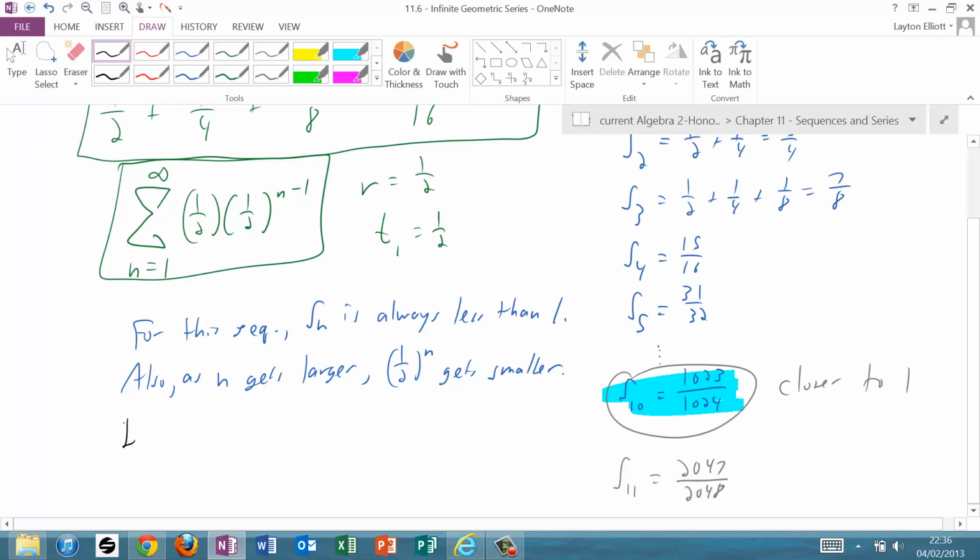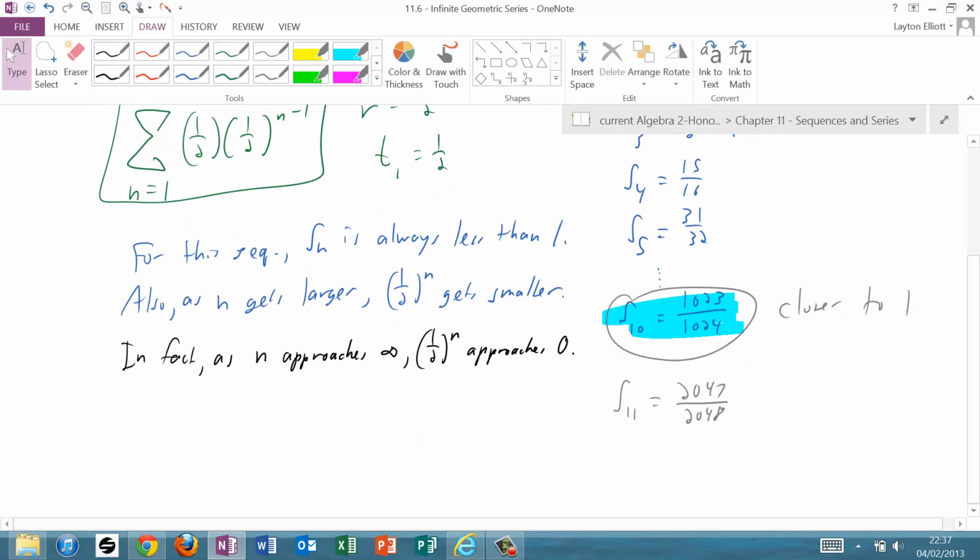I could say, in fact, as n approaches infinity, 1/2 to the n power approaches 0. And it stops having an effect at all in terms of the summation.